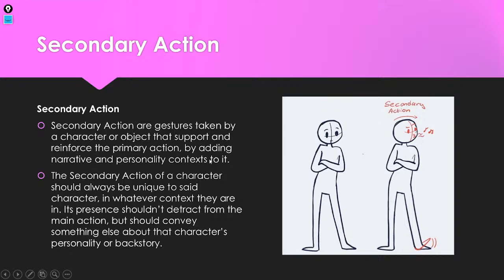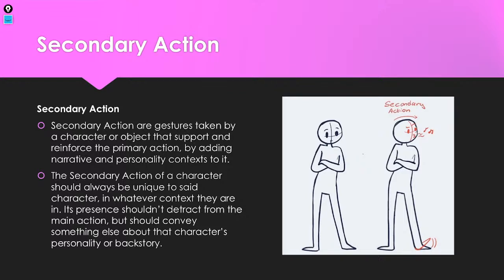So yes, it's a gesture taken by the character that reinforces the primary action, but doesn't take it over. When you're looking at the flailing of the arms, you're not thinking, oh, that's a character flailing their arms. You're still thinking, that's a character jumping over a gap. The flailing of the arms is flavor. It's characterization. And it adds to the narrative and personality contexts.